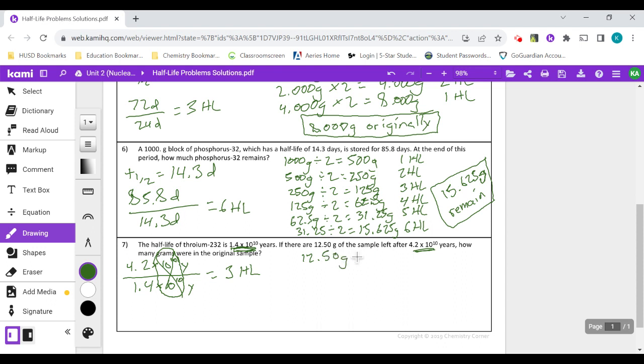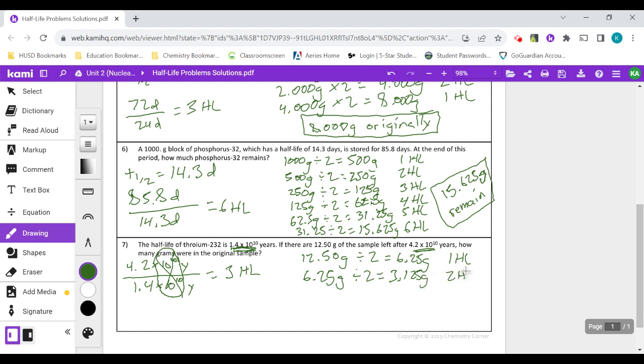12.50 grams divided by 2, that's going to be 6.25 grams. That's 1 half-life. 6.25 grams divided by 2, that's going to be 3.125 grams.